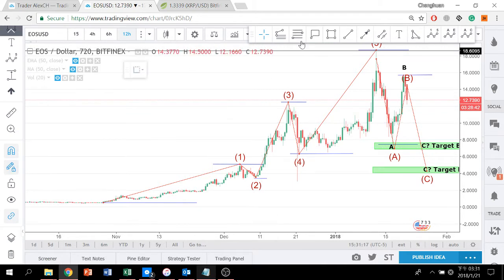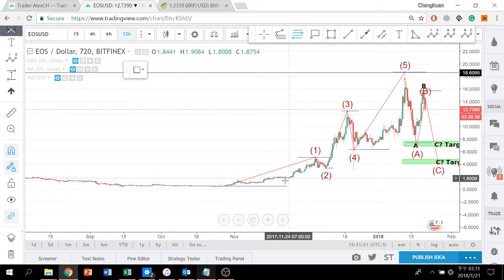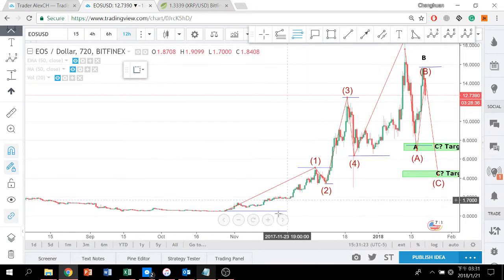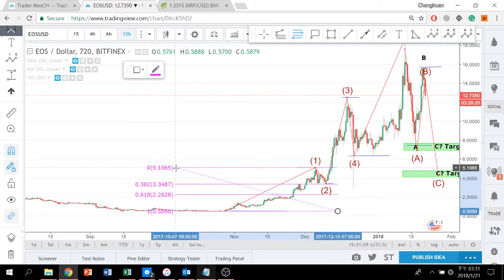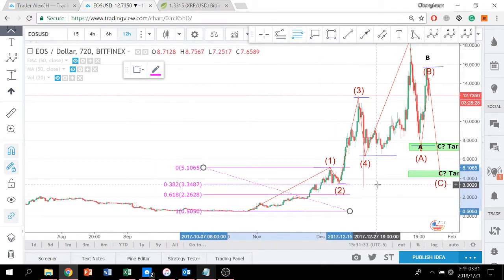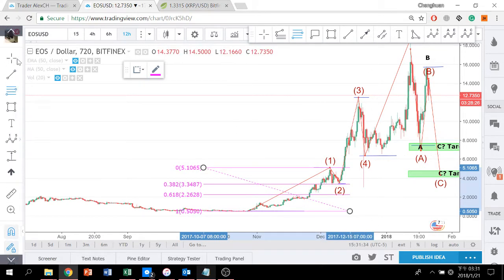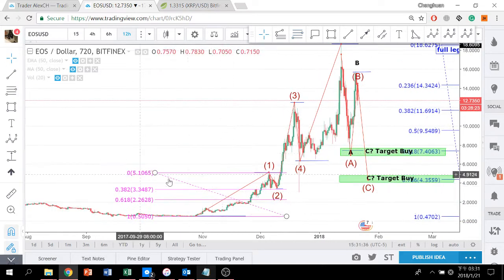All right, never mind. Okay, now, if we look at the Fibonacci retracement of wave 1 over here, right? Wave 1. We can see that wave 2 retraced to 0.32, right? Wave 2 retraced to 0.32.